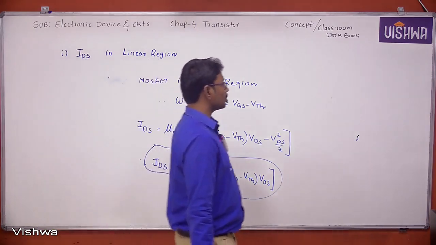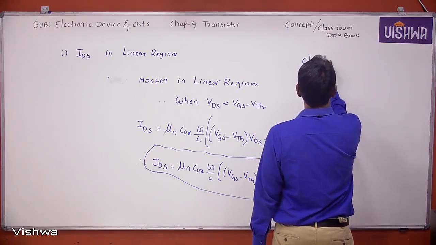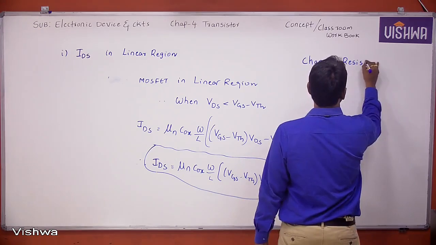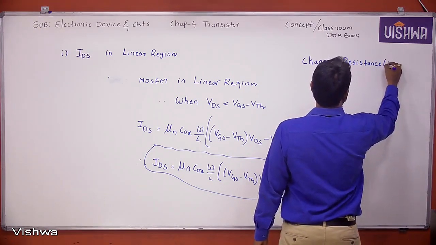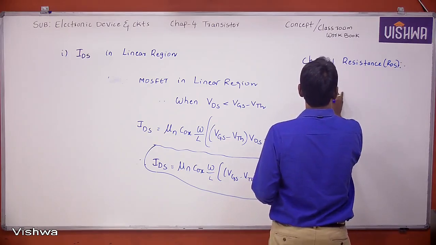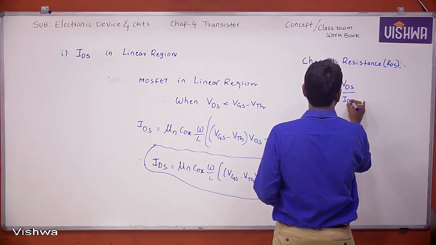From this, I can also define a channel resistance, denoted with RDS. Channel resistance is the ratio of VDS by IDS.